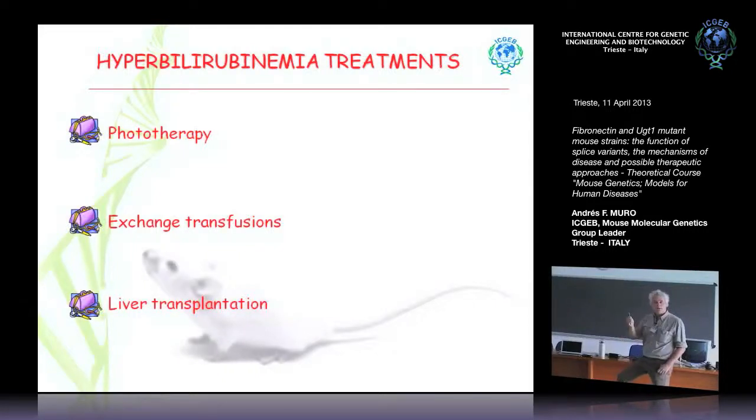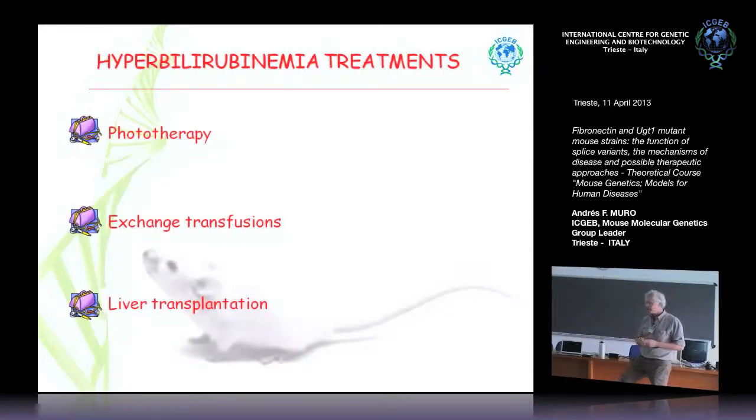But in this physiological hyperbilirubinemia, there are cases in which bilirubin levels are really very high, and the baby could have kernicterus even if the gene is active.